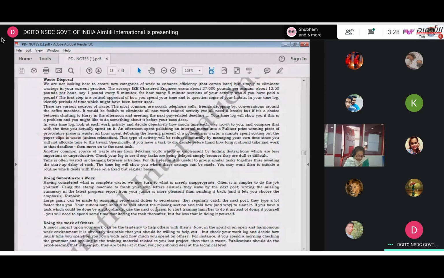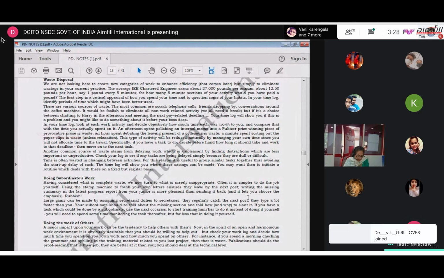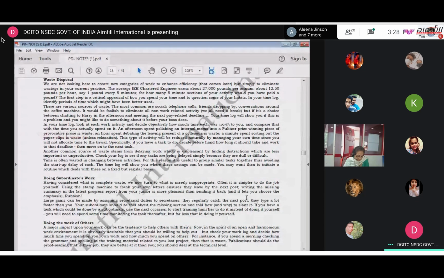Sources of waste. Next, on time log, check each activity and compare time spent.